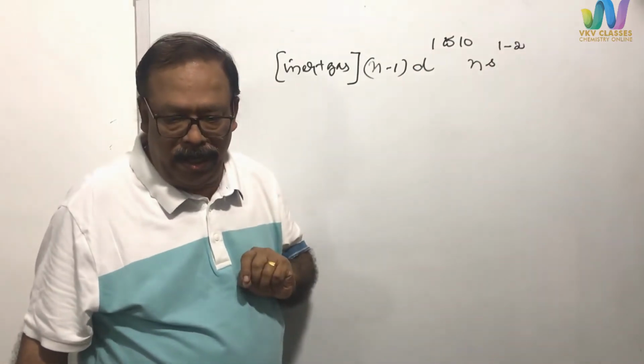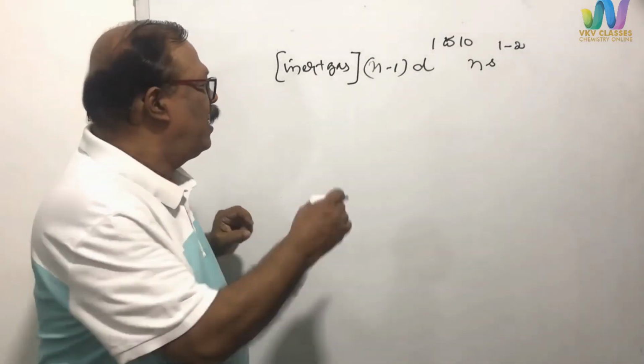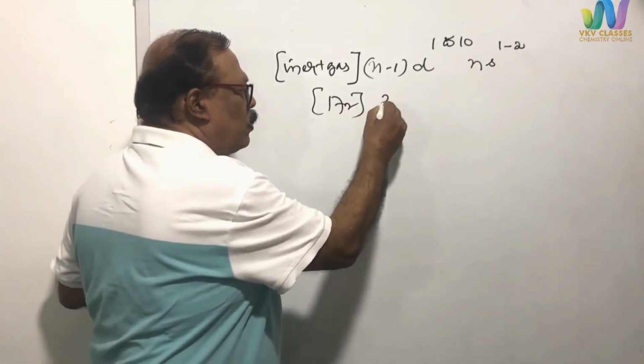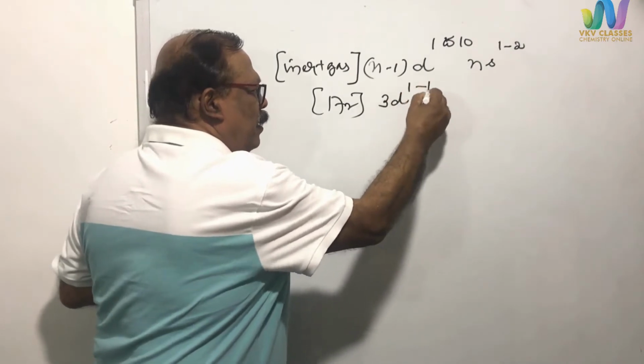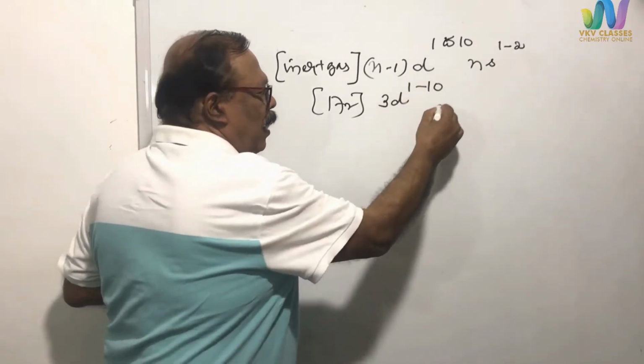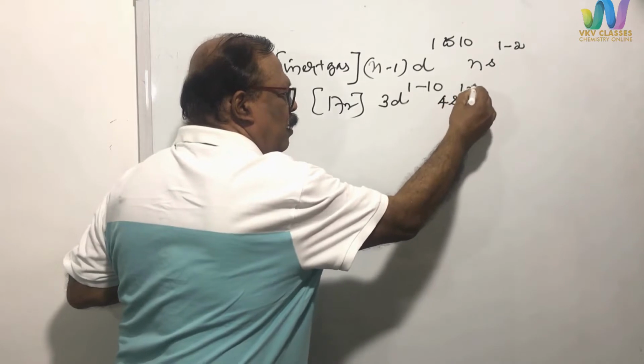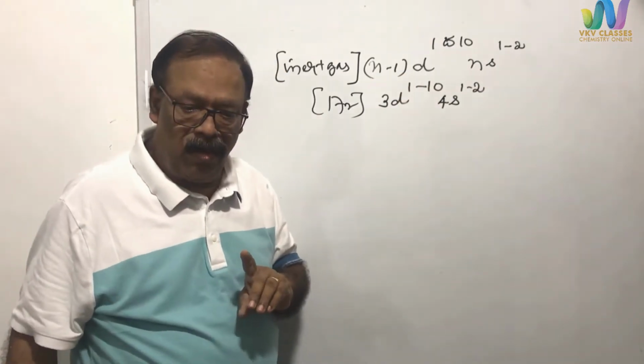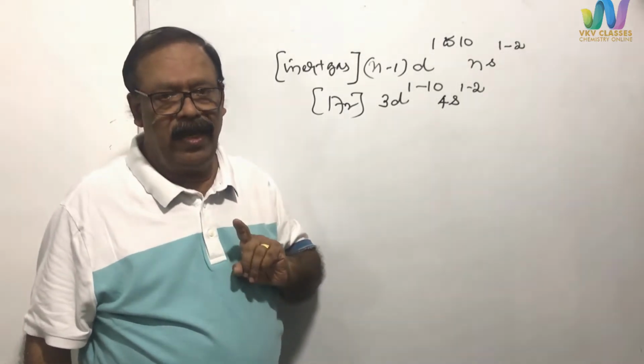In 3d series, the inert gas is argon. Electrons are filled up in the 3d orbital, and the outermost orbital is the 4s orbital. So this is the electronic configuration of 3d series of d block.